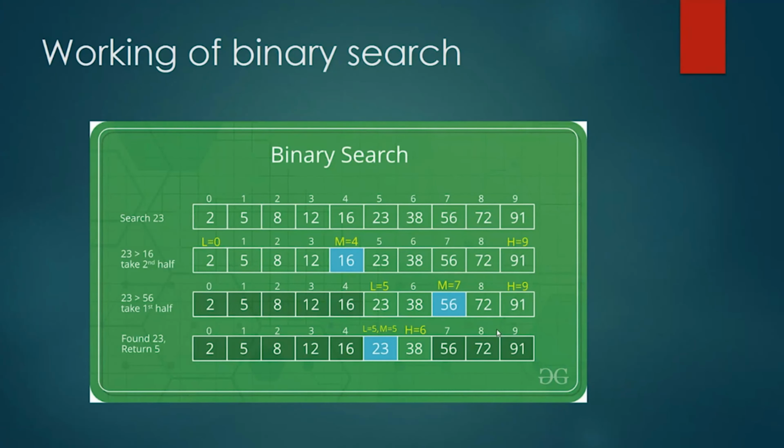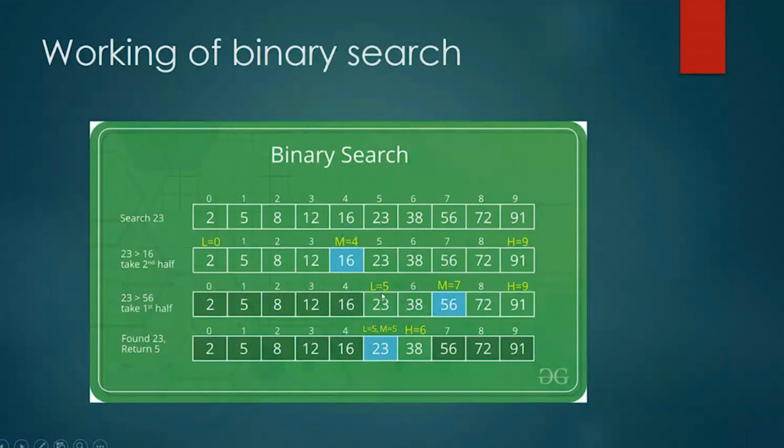So the elements which lie to the right of 56 will be either 56 or greater than that. We don't want that. We want 23, which is less than 56, so 23 will lie to the left of 56.